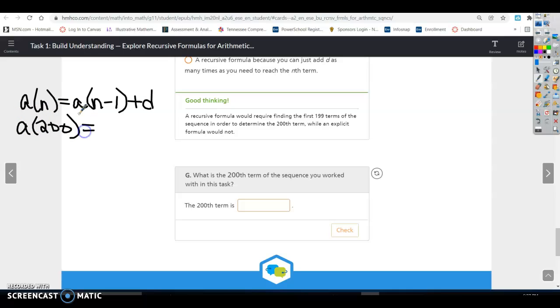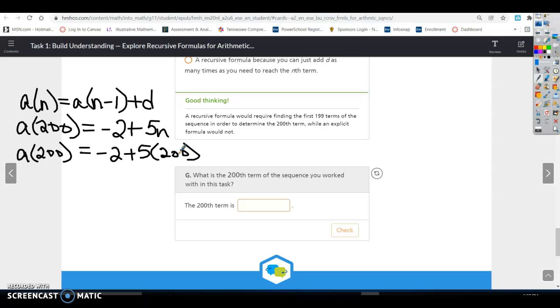We know that the previous term was -2 plus 5n, and that just is bringing this all together. So our previous term, remember, we started with 3, and if you go back 5 from 3, it gives you -2. So a of 200 equals -2 plus 5 times 200.